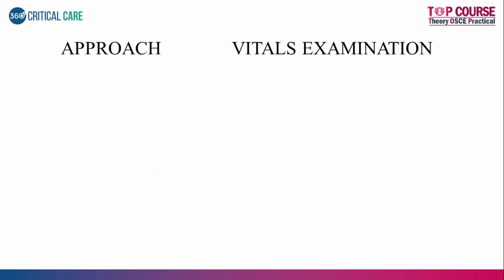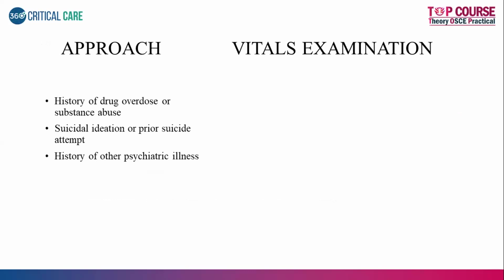Now, how to approach any patient who presents with an unknown poisoning? The first important thing is history. In history, a lot of things are required to come to a specific diagnosis, but three important things. One is what type of drug overdose or substance abuse the patient has taken. Second, whether this patient has suicidal ideation or any prior suicide attempt.